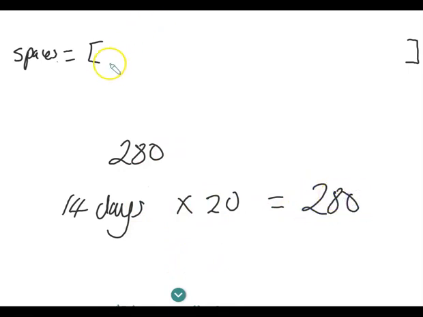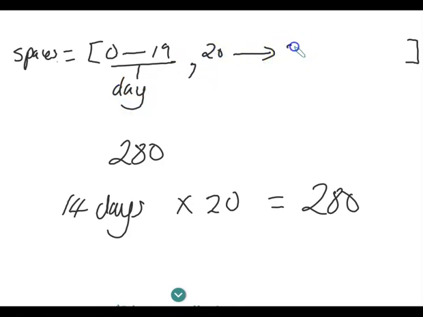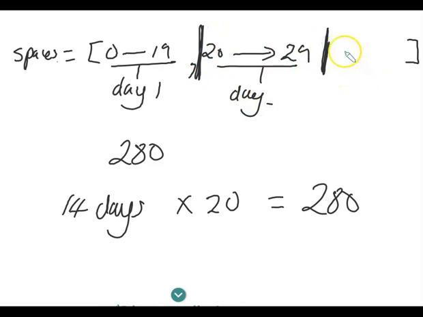And what we do is basically elements 0 to 19 are for day 1. And then we have elements 20 to 29, that would be for day 2. And we're basically saying part of the array is split out and allocated for each one. So that would be day 3.